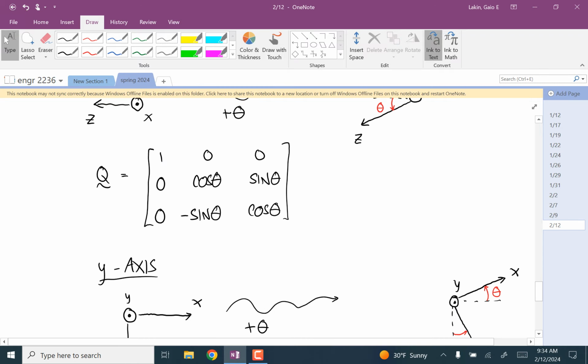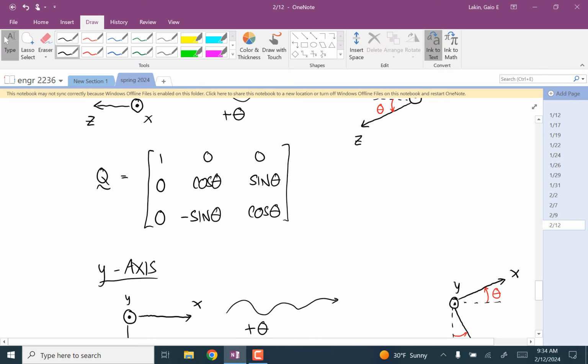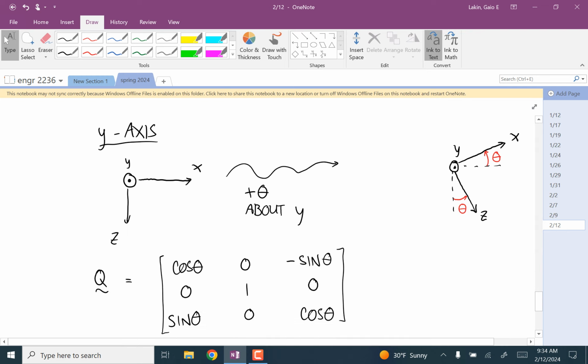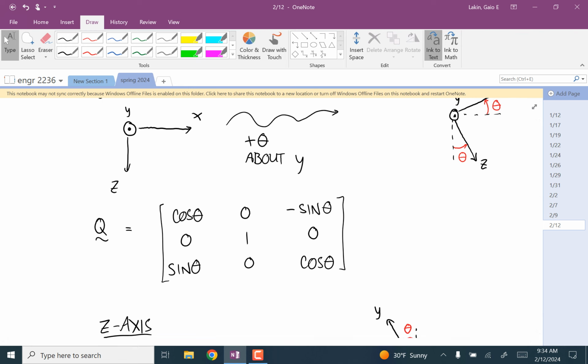Okay, so let's look at it for x. That's the 1s and 0s along the x row and x column, and then cosine, sine, negative sine, cosine. Now let's look at the y. In the second row and second column, the y row and y column, we have the 1 and the 0s.